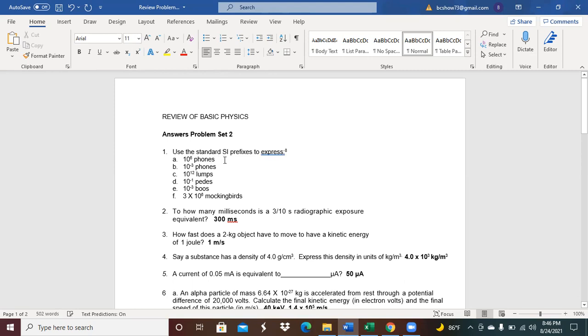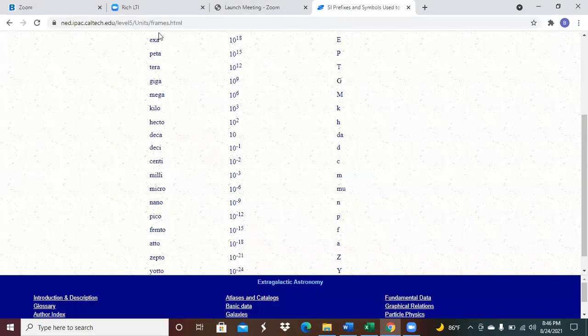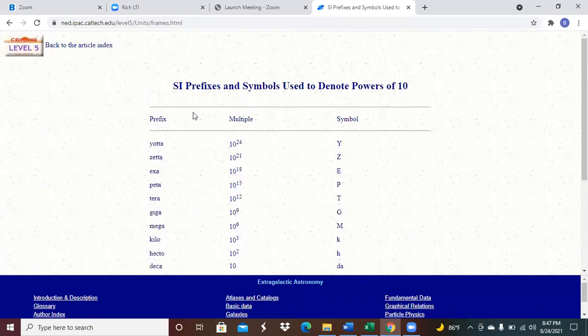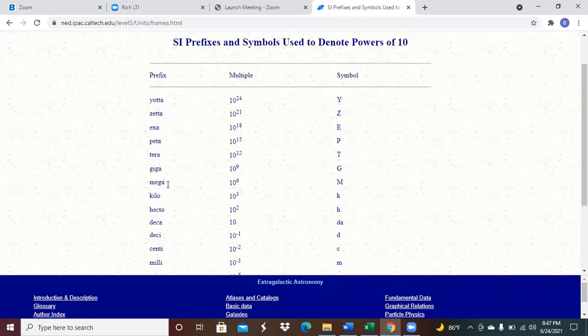So rather than 10 to the 6 phones, how many phones might we have? Well, if you do a search, you can find something like SI prefixes and symbols used to denote powers of 10. We can find something here to match up with that.